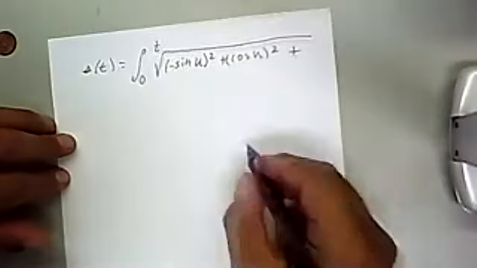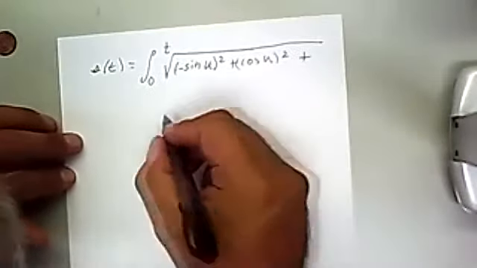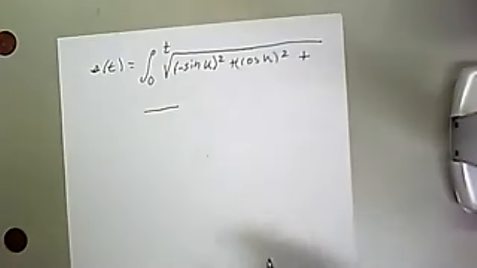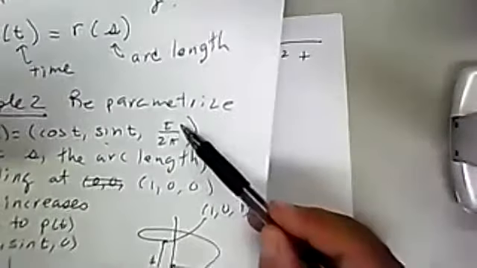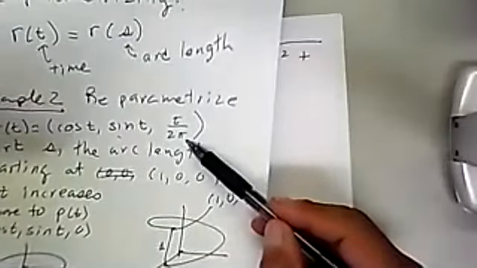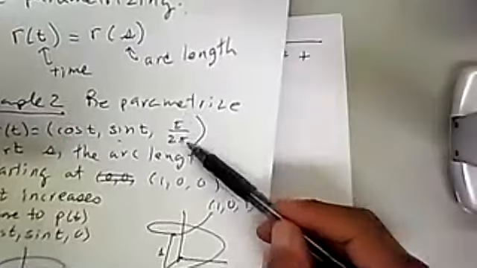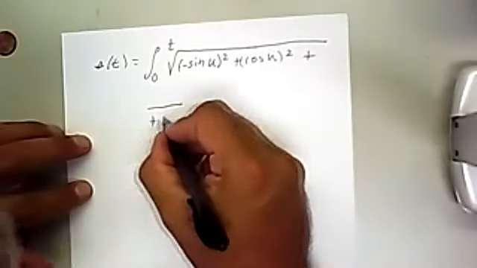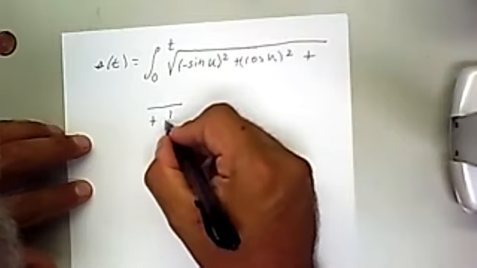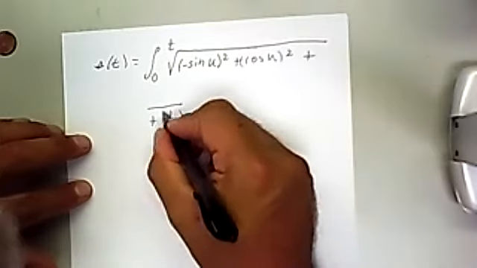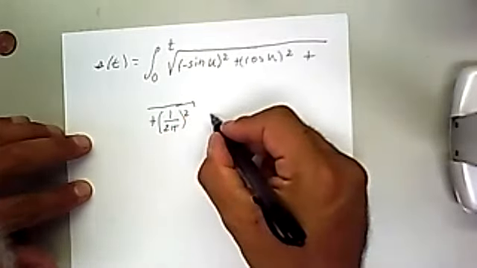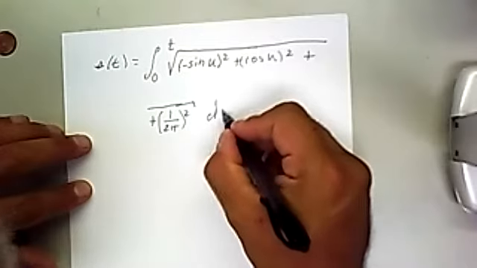I'm running out of space. So the root, this is the line of the root, continues. And then we have u over 2 pi. The derivative of that is 1 over 2 pi, and we're going to square that. So plus 1 over 2 pi, squared. That's the end of the root, and then that is with respect to u.